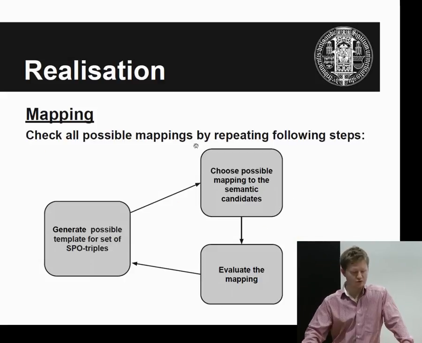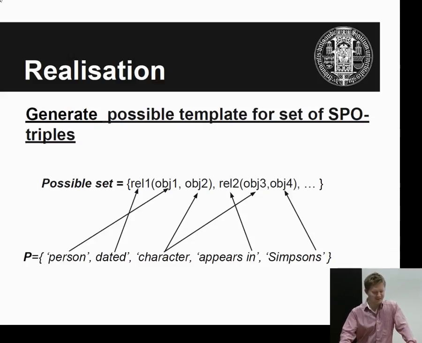Then they choose possible mappings to the semantic candidates, evaluate the mappings, and repeat this until they find the best query. Here's the first step. They create some possible set and assign the elements from P to this set.